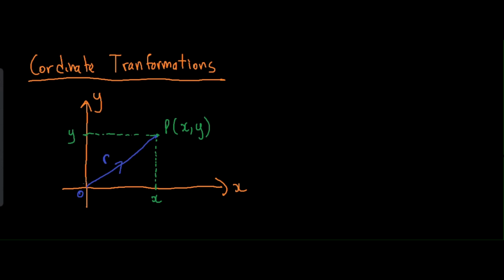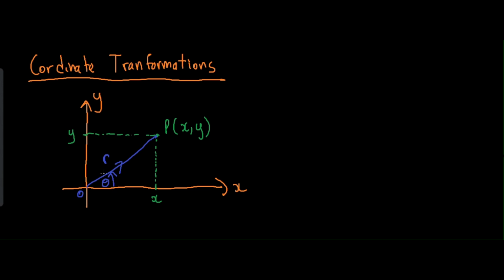So consider some line, some distance r from the origin, and it makes some angle, measured from the x-axis in a counterclockwise direction, theta. This is normal trigonometric knowledge here.